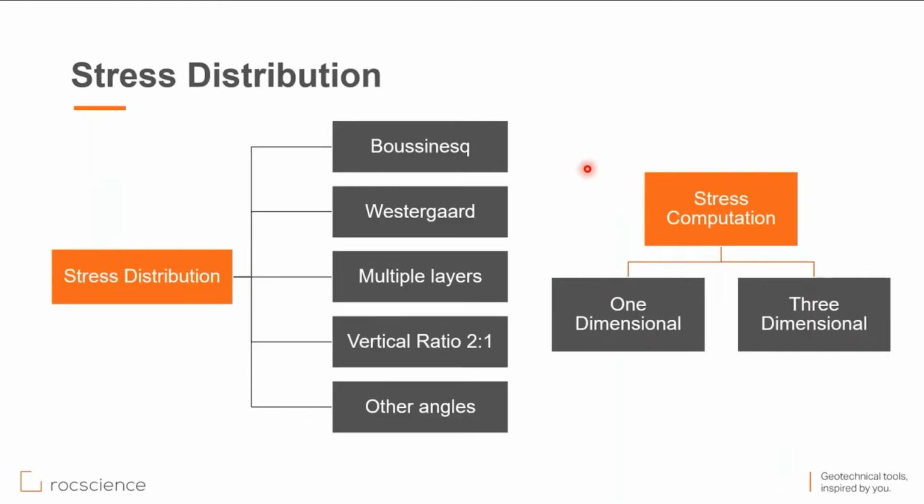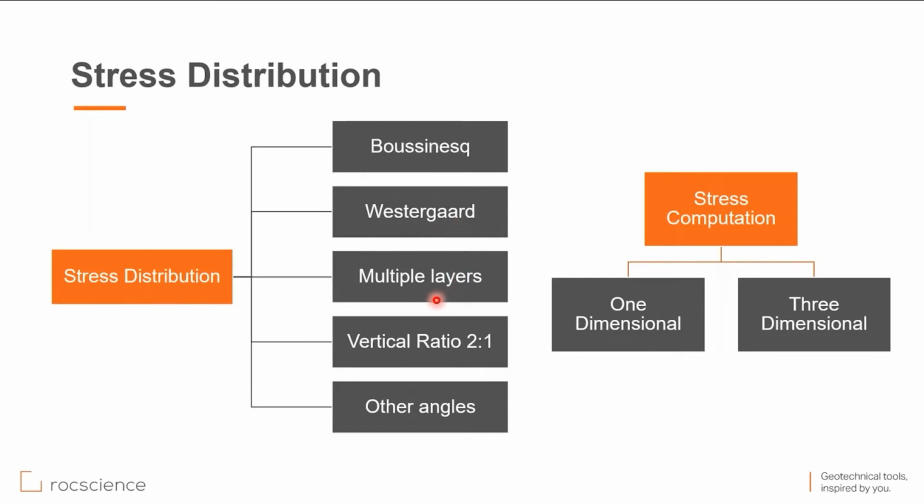and you can apply a single value as an average value for a layer. Stress distribution is done in Settle3 in many ways. You can use the standard Boussinesq method, the Westergaard method, which is mostly appropriate for pavements and roads and loads like that.